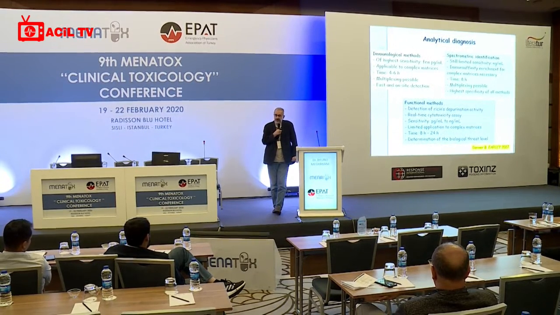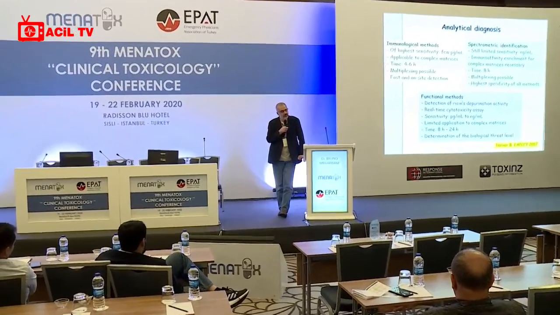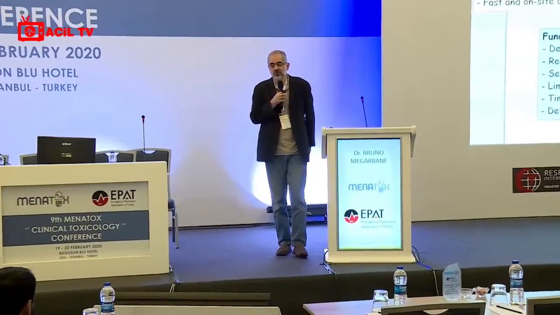But if you suspect the diagnosis, then you have several methods of diagnosis. The immunological methods are very sensitive. They are relatively rapid. They could be used as multiplexing methods. They are fast and they allow fast and on-site detection.